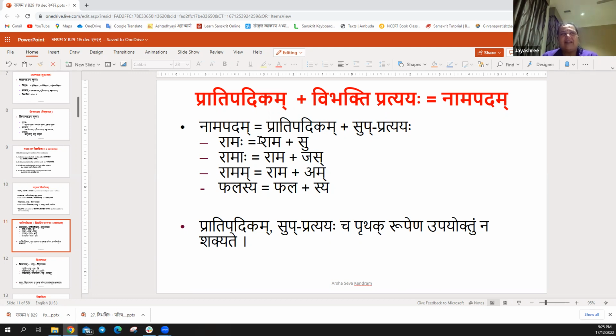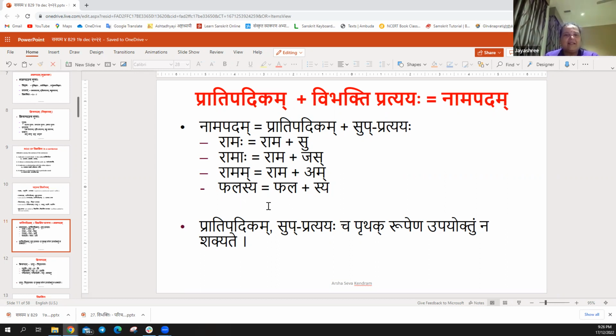We have Vibhakti and Vachana as well, but we are not learning that at this level. This is just an introduction. We are not going through Rama plus Su equals Ramaha, luckily. We are just going through Ramaha, Ramam, Phalasya, all these ones, right?